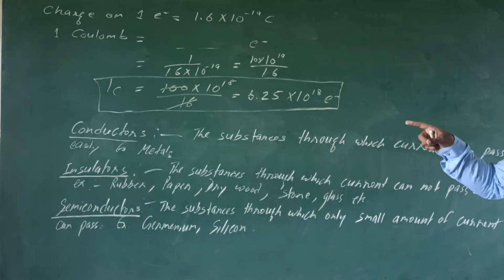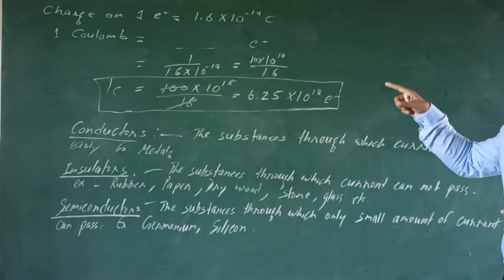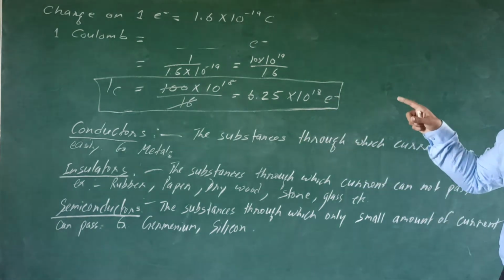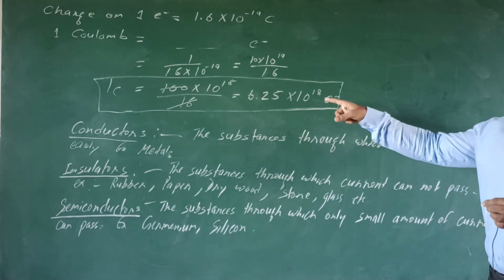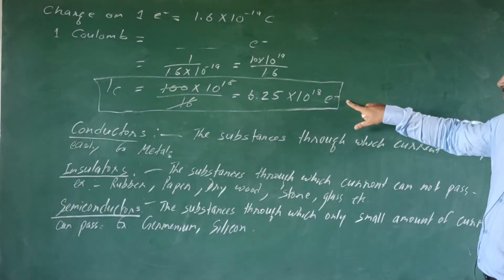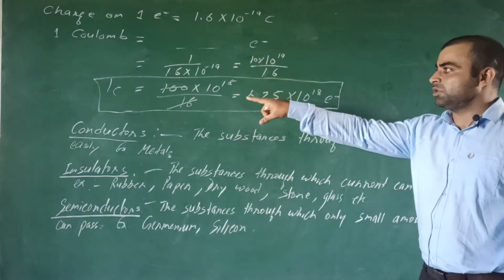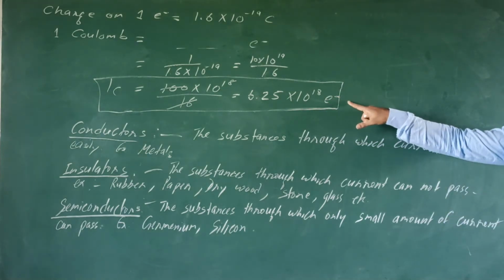So in this lecture we have read that the charge on one electron is 1.6 × 10^-19 coulomb, and 1 coulomb has 6.25 × 10^18 electrons.